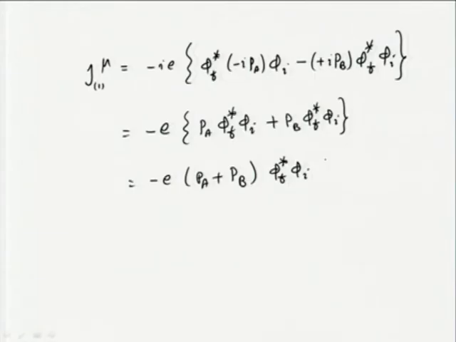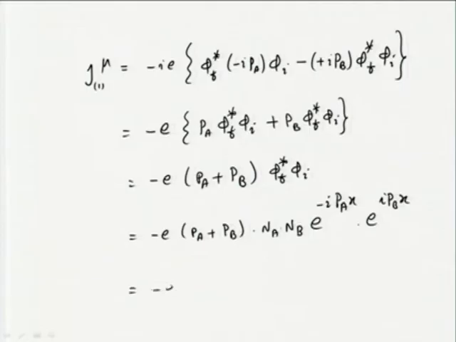Now, this is equal to minus e (p_a plus p_b) N_a N_b e to the power minus i p_a x e to the power plus i p_b x, or I can write it as minus e (p_a plus p_b) N_a N_b e to the power minus i (p_a minus p_b) x. So, that is the current that I have here.